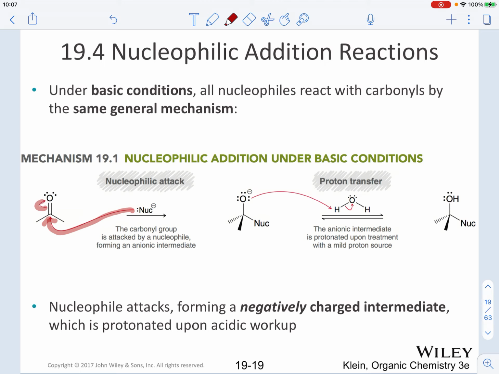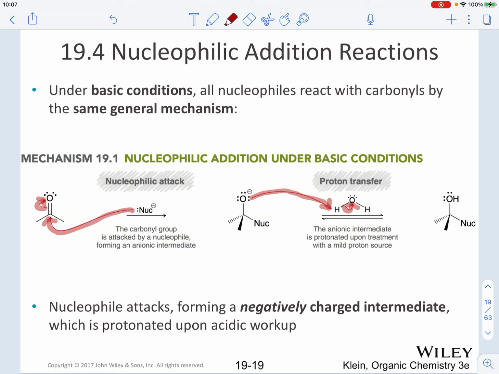The electrons are going to go up to the oxygen. Once that occurs, in the second step of the reaction, the oxygen that is negatively charged is going to undergo a proton transfer. As you can see, it's been illustrated by water. That means that water is going to lose a proton. The electrons are going to go back to the oxygen, and that's how we are forming an alcohol.